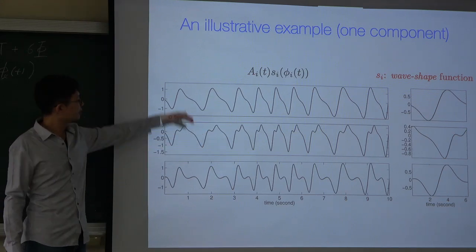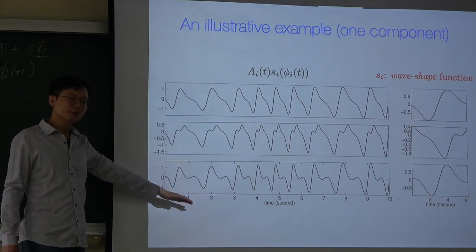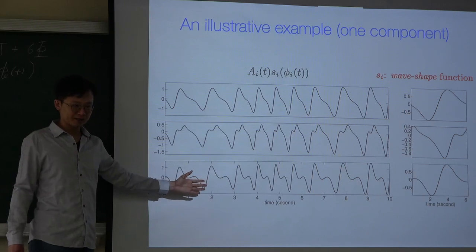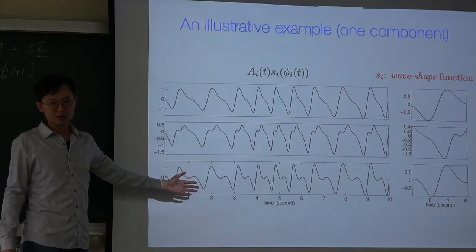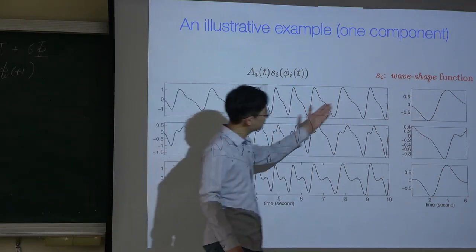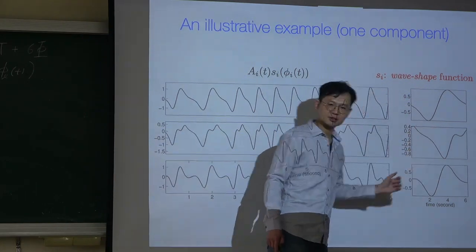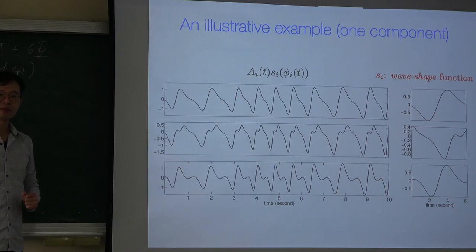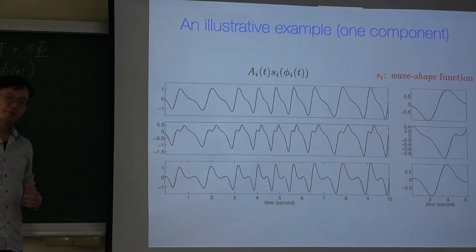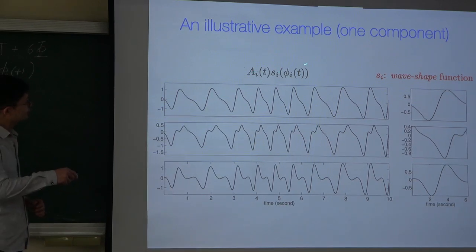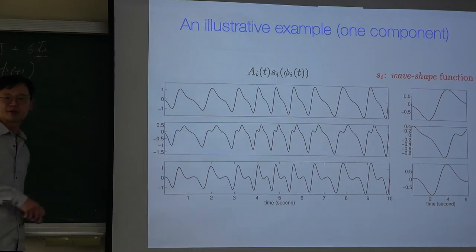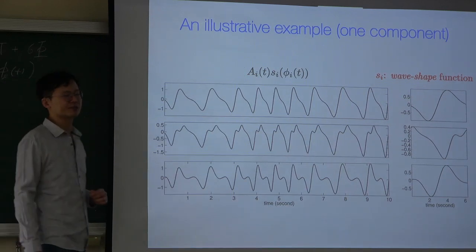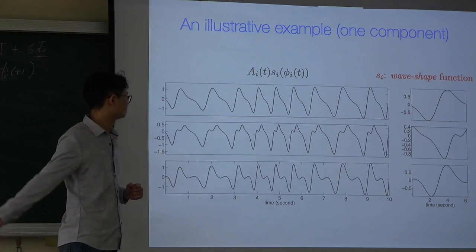You will see that these three components do not oscillate in the same way. That is, the wave shape functions are different. So what do we want to do? We want to get AI, VI, and also SI, so that we can fully understand the signal, the model.